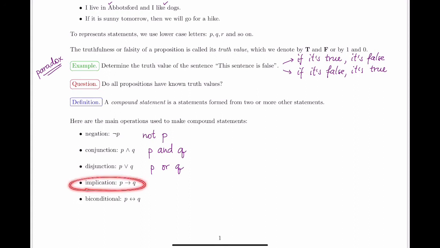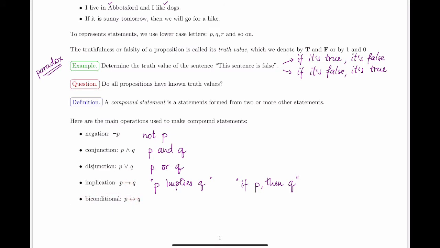The implication is what we form a conditional statement with, and so this we read as P implies Q, or we can read that as if P, then Q. The biconditional, notice that the arrow becomes two-directional.